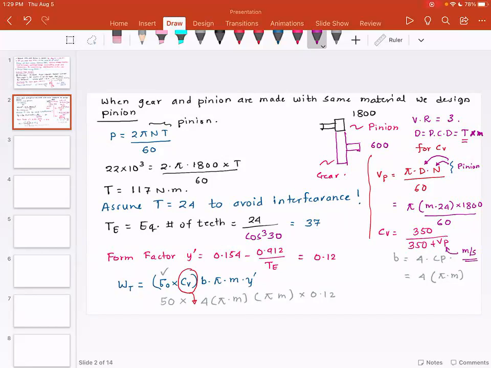Now, one thing that I want you to notice, depending upon how you choose it, this module needs to be in millimeter, which means the velocity is going to be millimeters per second. So you want to be super careful when you calculate Vp, because in the CV equation, the velocity has to be in meters per second.